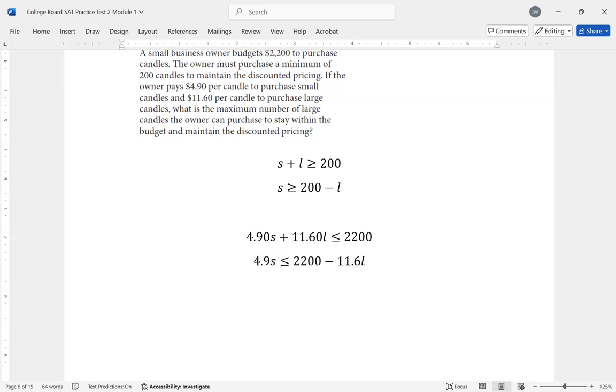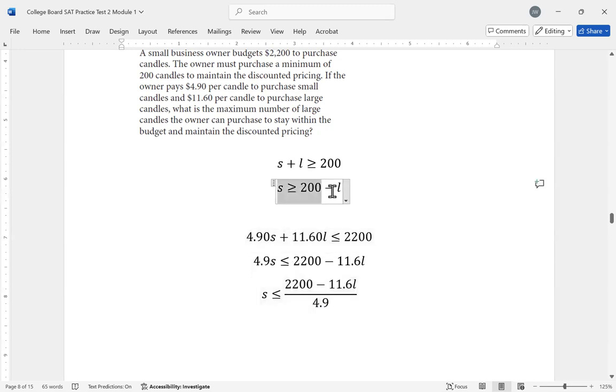And then I would have to divide by 4.9. So I'd get S is less than or equal to 2,200 minus 11.6 L, divided by 4.9. And so now I have two inequalities that are just solved for S.